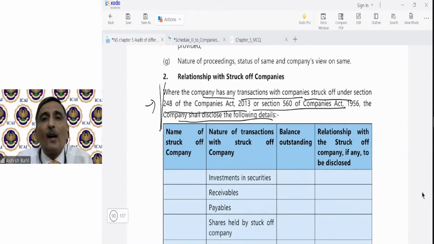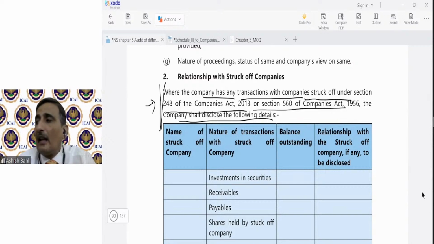So these requirements are there in section 260 of Companies Act 2013. Sorry, it is 248, I beg your pardon. So earlier it was section 560 under Companies Act 1956, previous Companies Act.